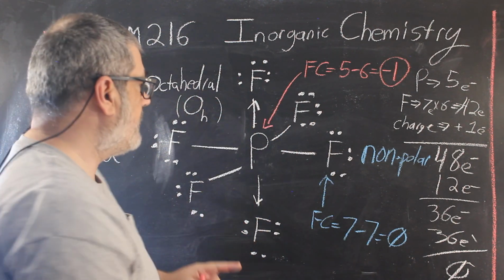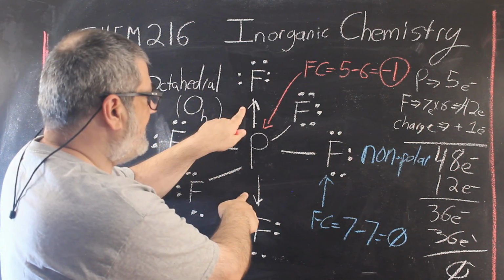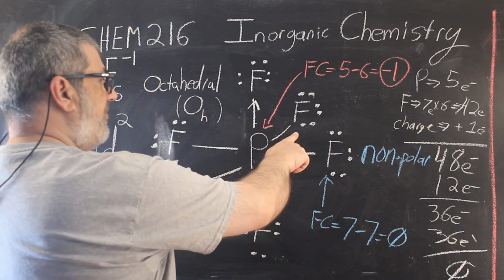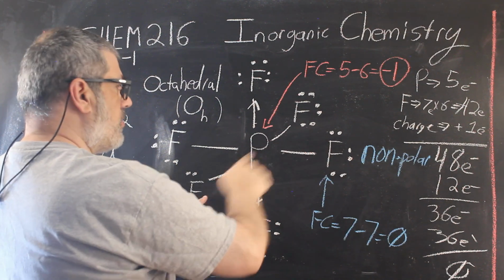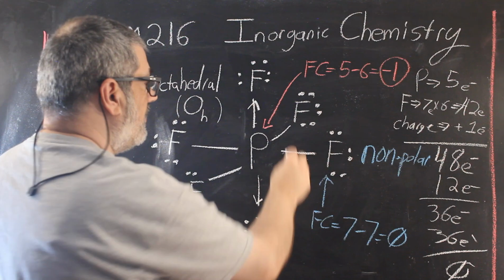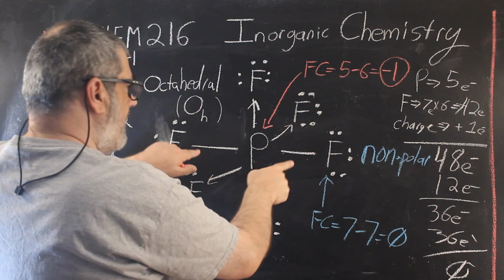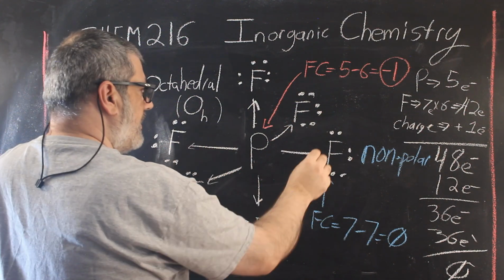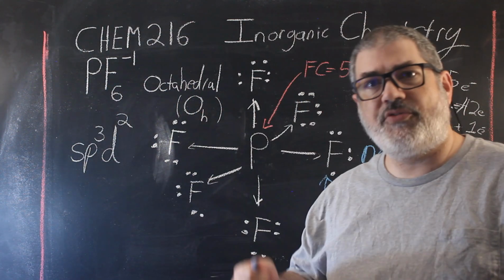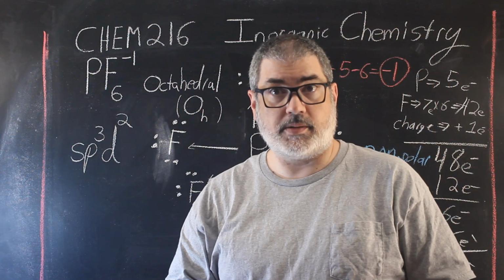So they cancel out. So let's say that's the z-axis. So those two atoms cancel out. And then say this is the y-axis. Well, we've got this fluorine and this fluorine. They're pulling in opposite directions. They cancel as well. And then we have the x-axis, same thing, cancel. And since all of the dipoles cancel, it's nonpolar.